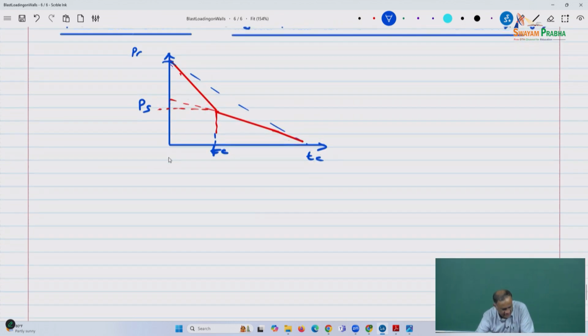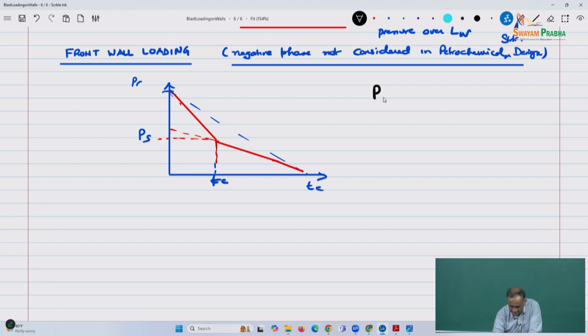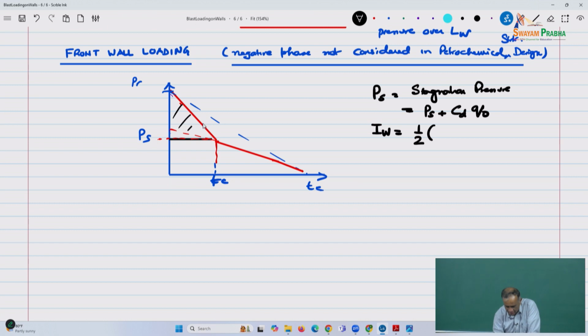The stagnation pressure for these is given as PS is the peak value of the stagnation pressure, the same, PSO plus CD multiplied by Q naught, and the positive impulse, as you can see, is 1/2 PR minus PS multiplied by TC plus the bottom part of it, 1/2 PS multiplied by TD.